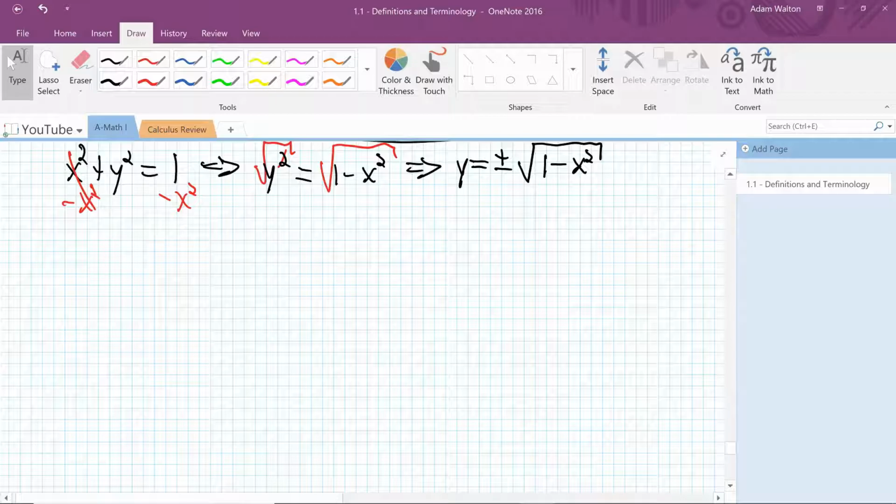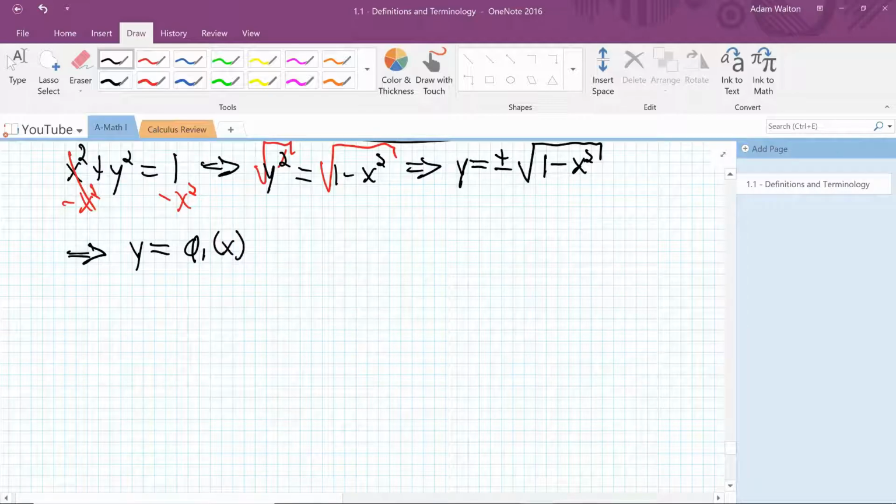Alright, so this can actually be written as, let's say, y is equal to phi 1 of x, which is equal to the positive square root of 1 minus x squared.